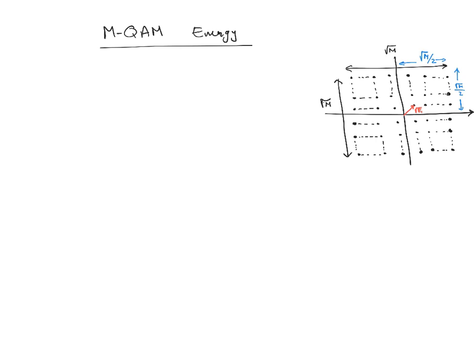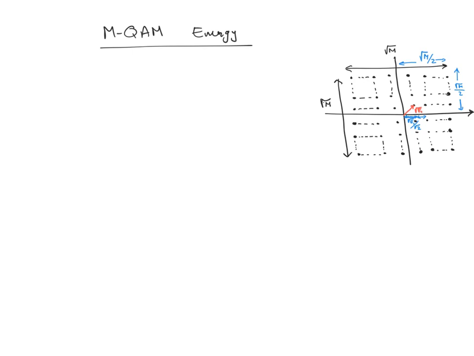So basically in this direction, this is going to be root E1 divided by root 2, right? This is the distance in this direction. And then this has to be twice that distance, so basically we will have 3 times that value.